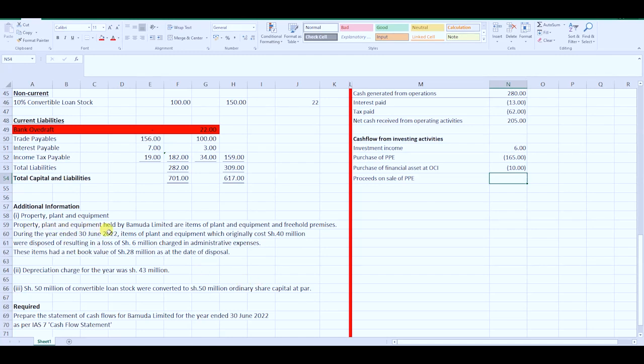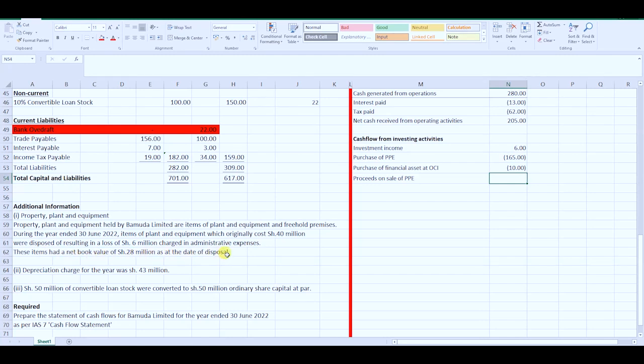Property, plant and equipment held by Bermuda Limited are items of plant and equipment and freehold premises. During the year ended 30th June 2022, items of plant and equipment which originally cost 40 million were disposed of, resulting in a loss of 6 million, charged in administrative expenses.